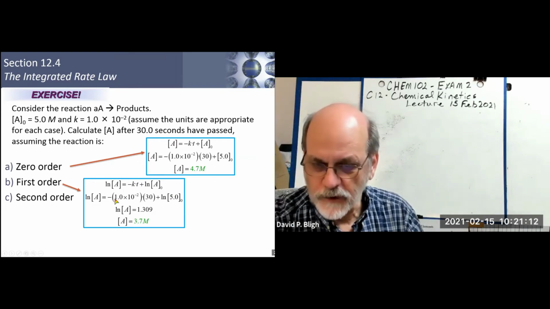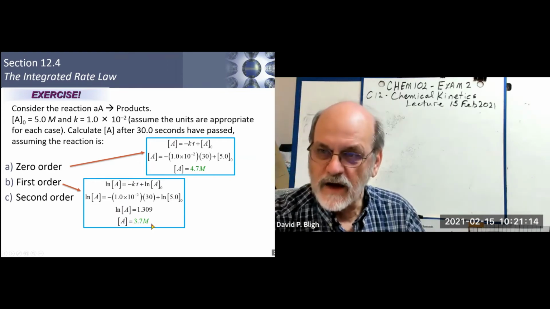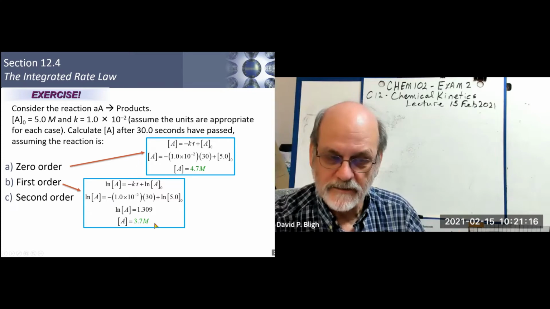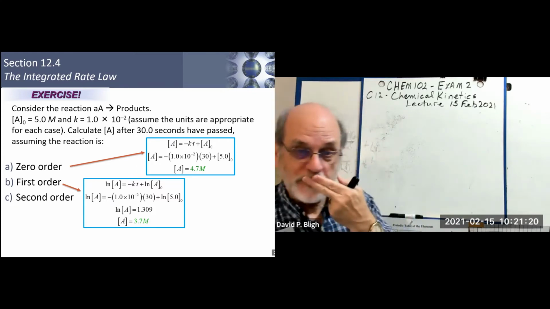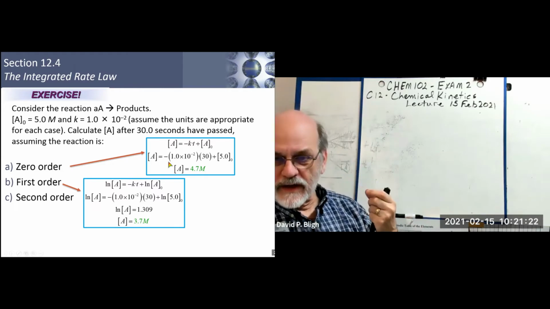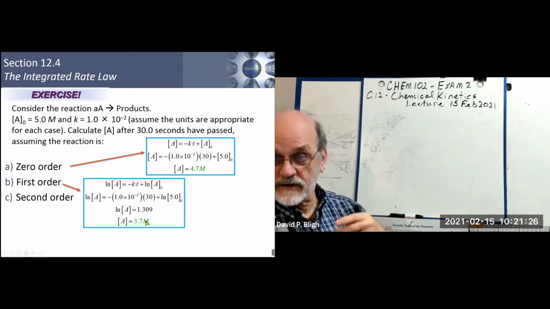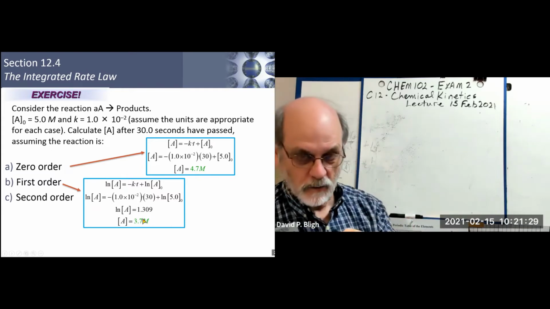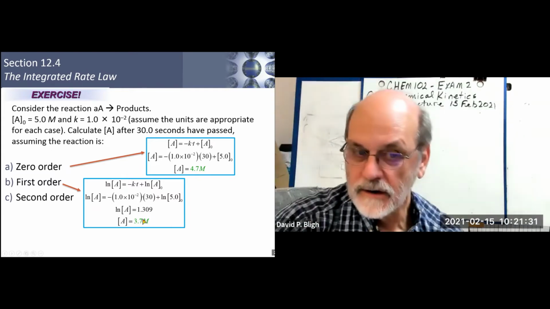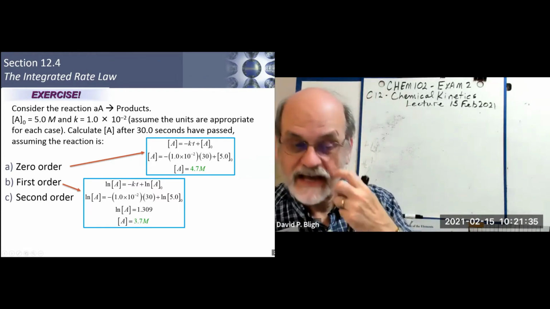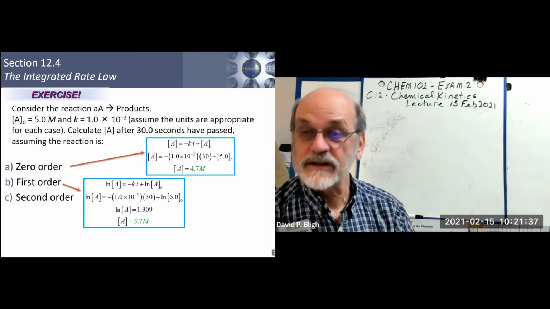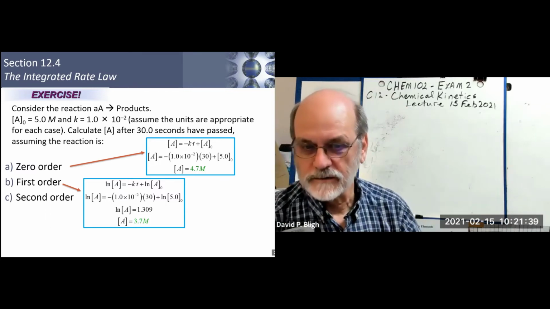So if we do that for first order, we find that A concentration is 3.7 molar. So the only thing we did was change the order of the reaction. For 0 order, we end up with this much. For first order, we end up with this much. It's like we're depleting A faster with a first order reaction than with a 0 order. So my guess is that for the second order, it'll even disappear faster than the first order.